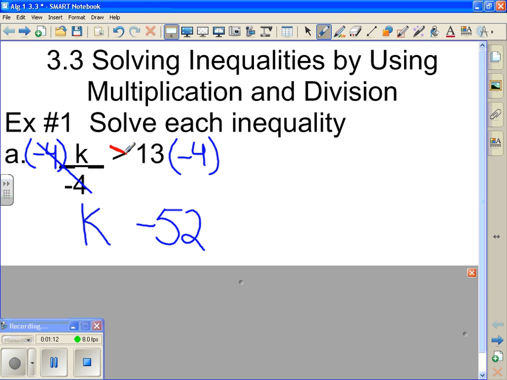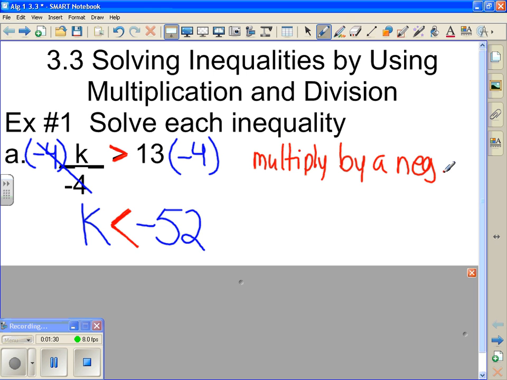The greater than has to be turned into a less than. When you multiply by a negative number, you have to switch the less than or greater than symbol.